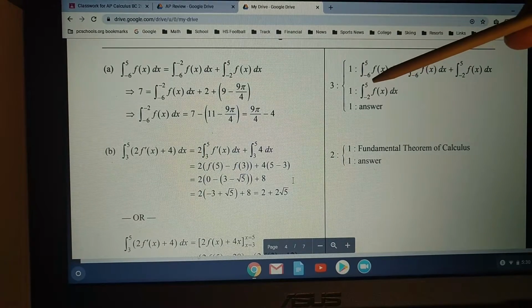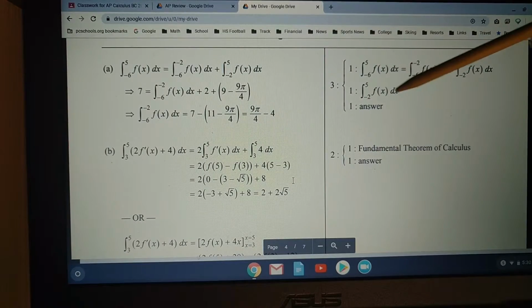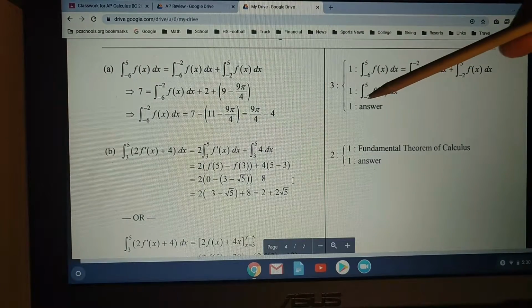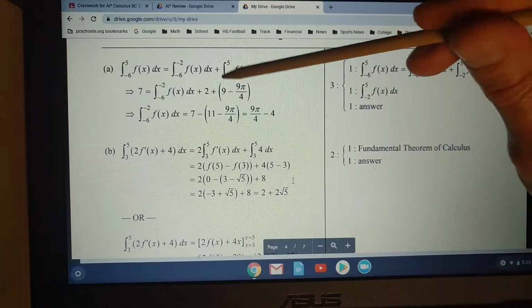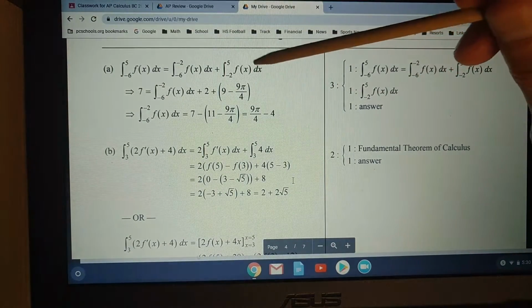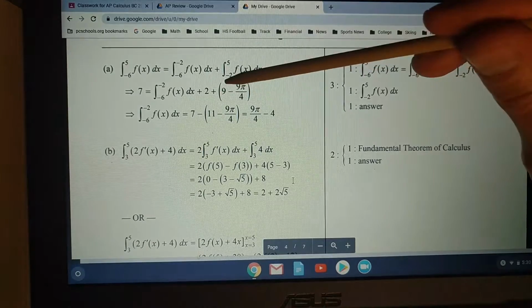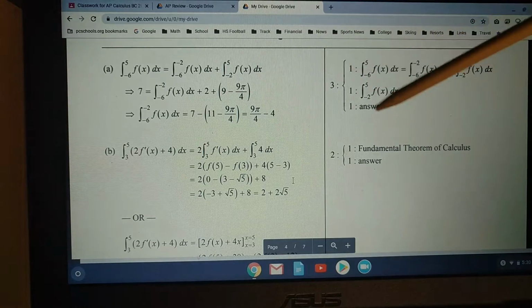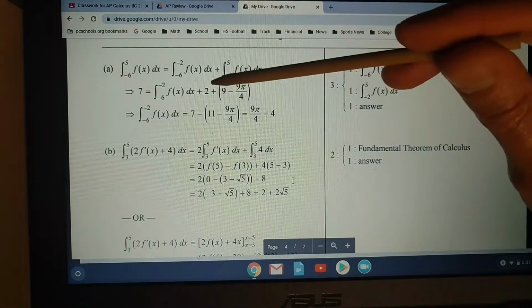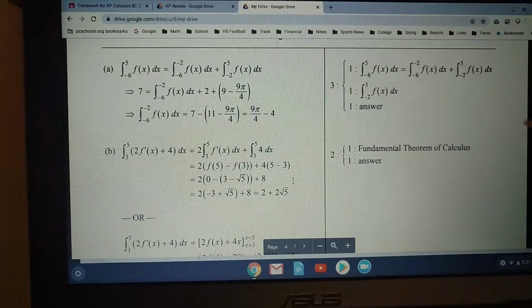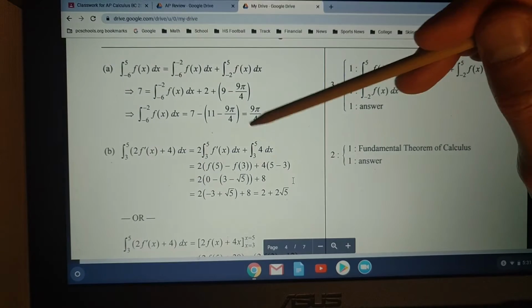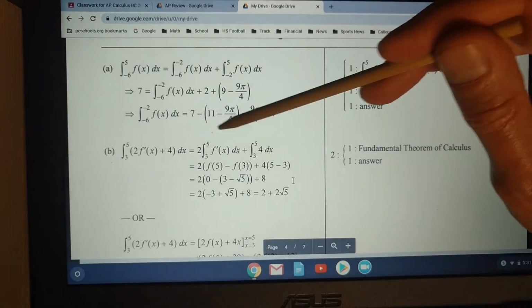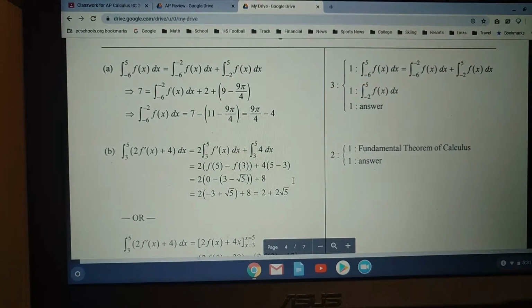If you actually correctly calculate the integral from -2 to 5, so that would be this one right here, to get this 2 plus this 9 minus 9 pi over 4, having that answer gets you your second point. And then if you actually combine everything correctly and get to this answer, you could have left it like that or write it like this, you get your third point.